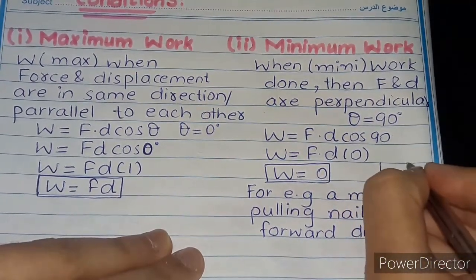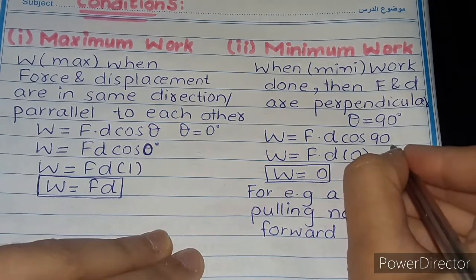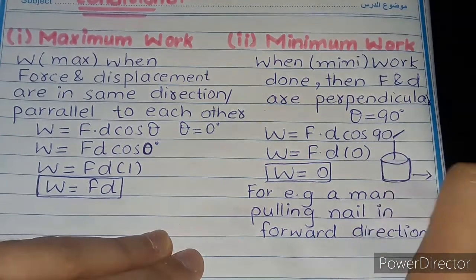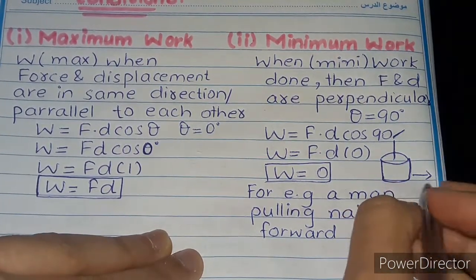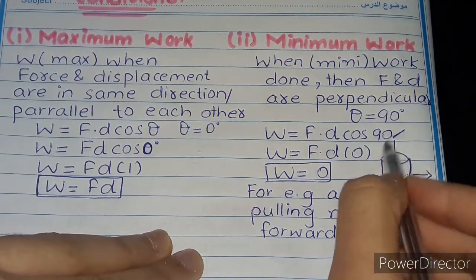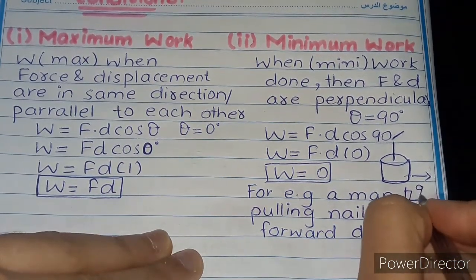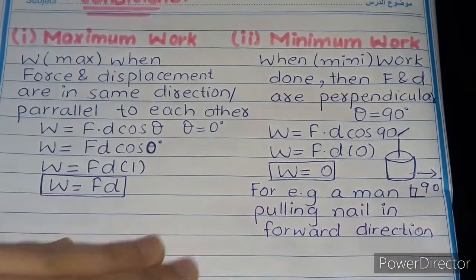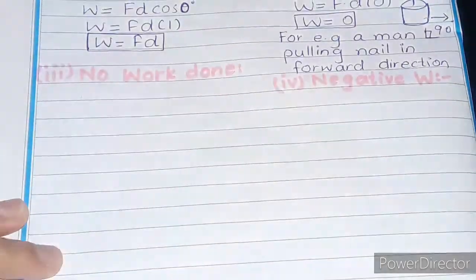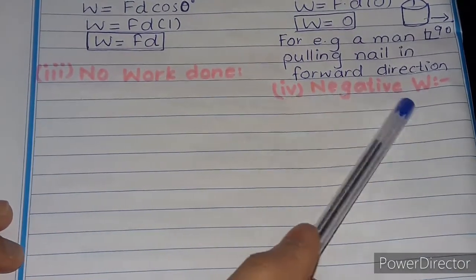Here is a bucket, I hope I could make it better. He is pulling it in the forward direction, so he is moving forward and holding it upwards. So here it is making an angle of 90 degrees. No work done. The third case is no work done, and the fourth is negative work done.